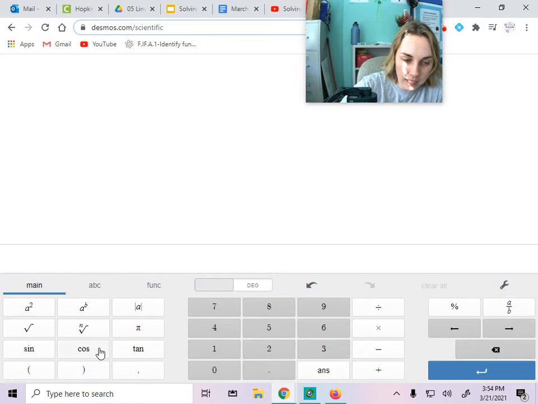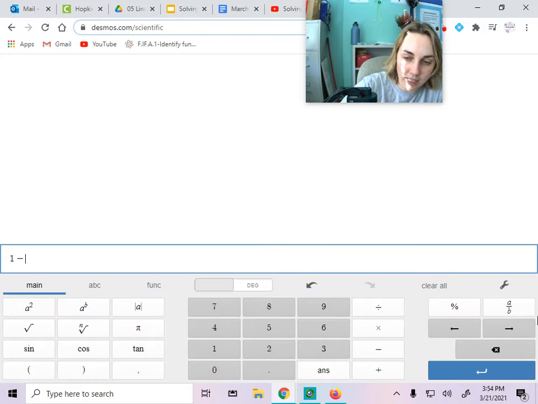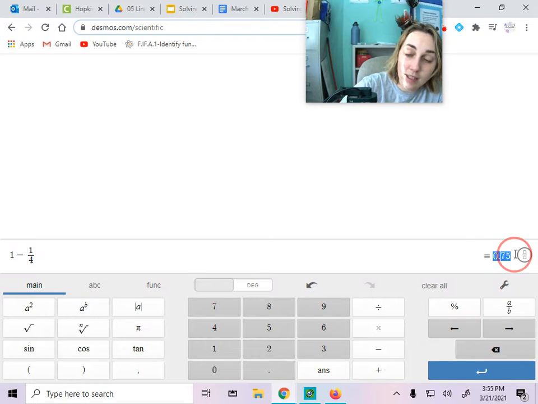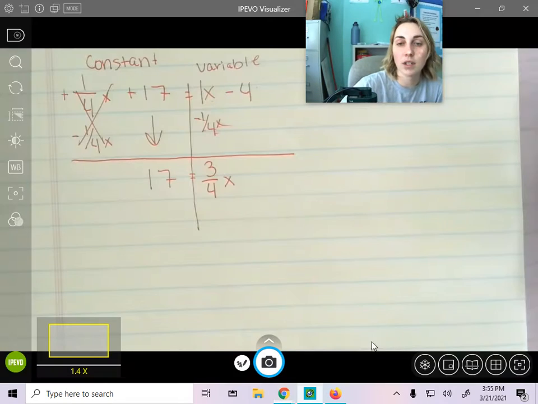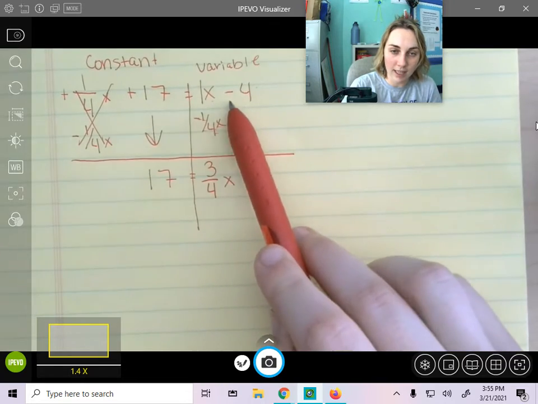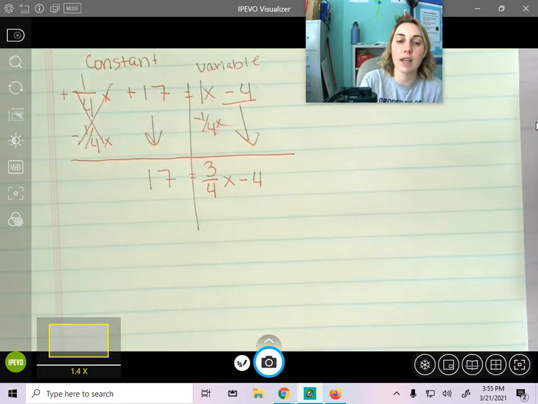In here you would put AB, then 1 minus AB, put in your 1 and then your 4. So 1 minus a 4th would leave you with 75/100ths, which is 3/4. I do need y'all to practice with this calculator as much as possible. So 1 minus a 4th gives me 3/4 x, and I'll bring down this minus 4 as well. Got to bring down the whole thing, the operation in front of it and everything.